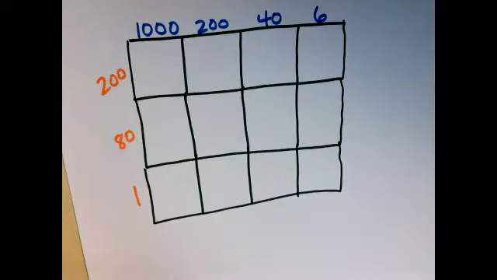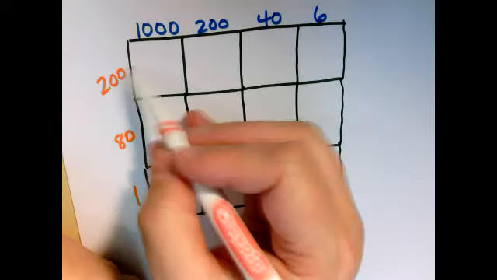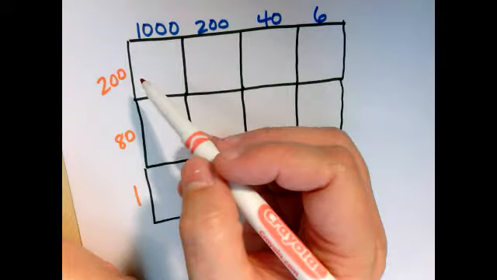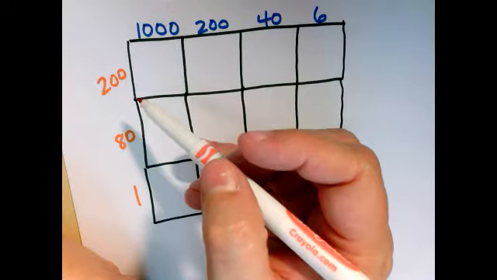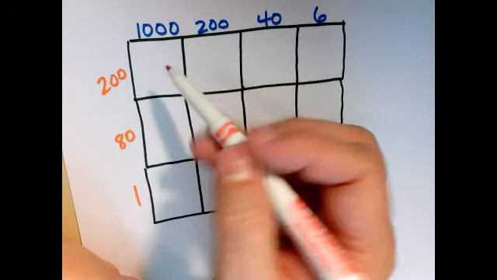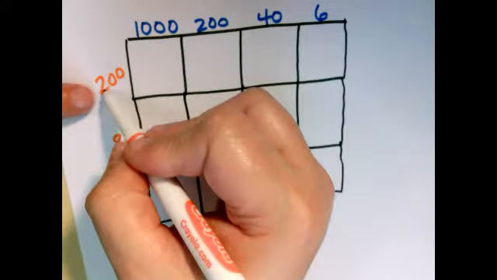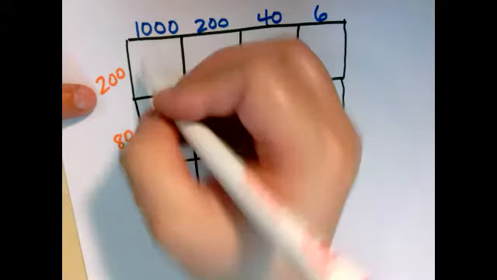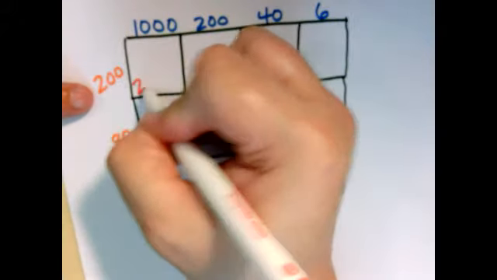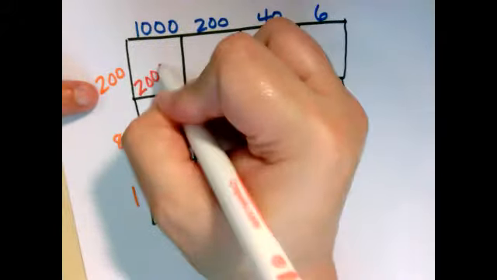This is once again, we are combining everything we've learned with place value so far. Remember when we did all of those powers of tens and we multiplied by tens? This is a great place to practice that. So I have 200 times 1,000.